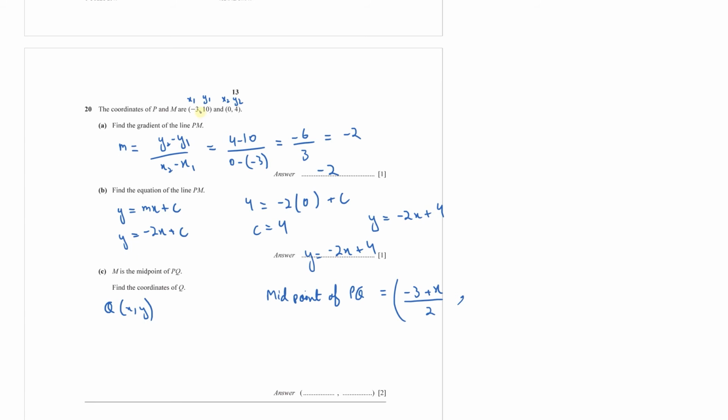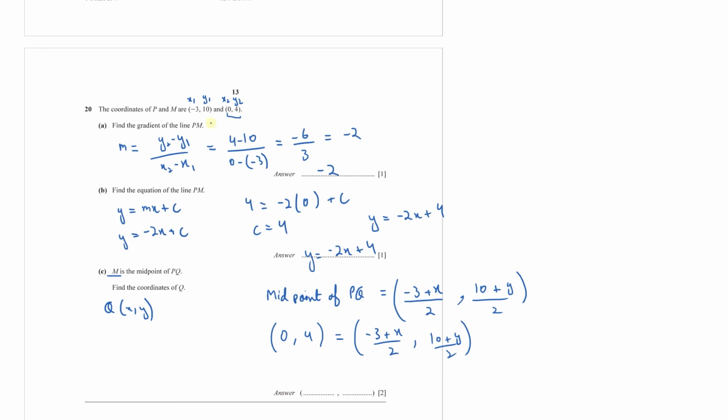Yeah, this is P. So this is 10. 10 plus the y value of Q is y, and then divide by 2. And now you're given that the midpoint of PQ is M. And what are the coordinates of M? 0 and 4. So 0 and 4 xy coordinate equals minus 3 plus x by 2 and then 10 plus y by 2.